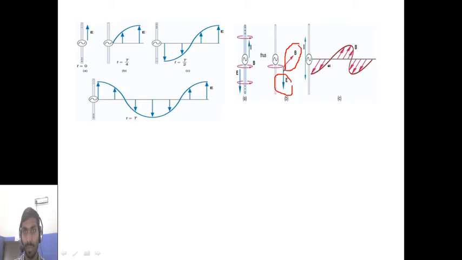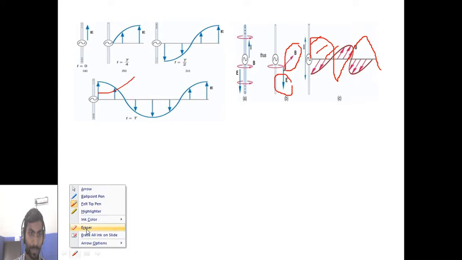That means, if this is your magnetic field, you can observe here, your electric field will be in this direction. Okay, this will be your electric field. Okay, so both are in opposite directions.